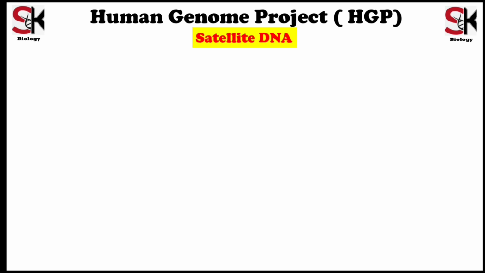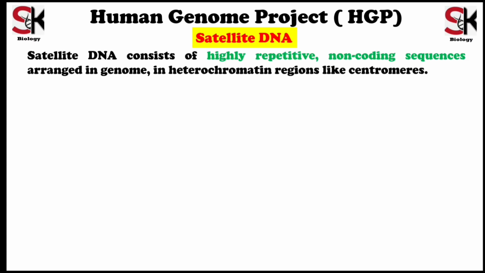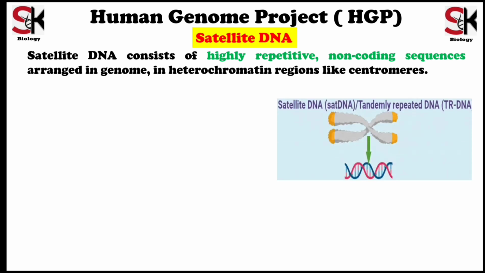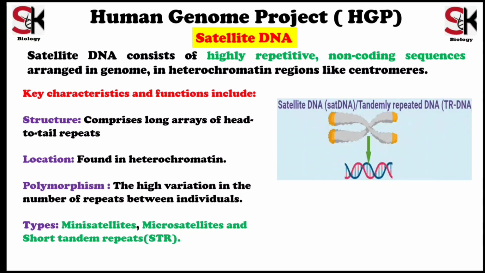Second important point is satellite DNA. Satellite DNA consists of highly repetitive non-coding sequences arranged in genome in heterochromatin region, centromere. The key features of satellite DNA are: structurally, satellite DNA comprises long arrays of head to tail repeats.